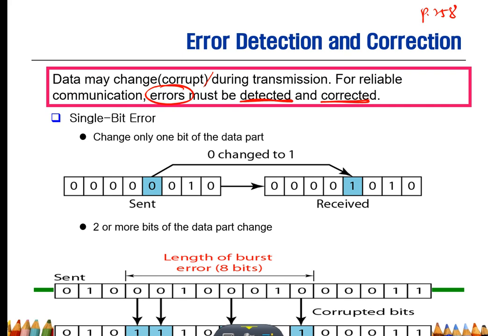Okay, so we can say that there is a single bit error when this 1 byte of data is sent to the receiver node, but unfortunately only 1 bit was corrupted or an error happened. So either 0 to 1 or 1 to 0.